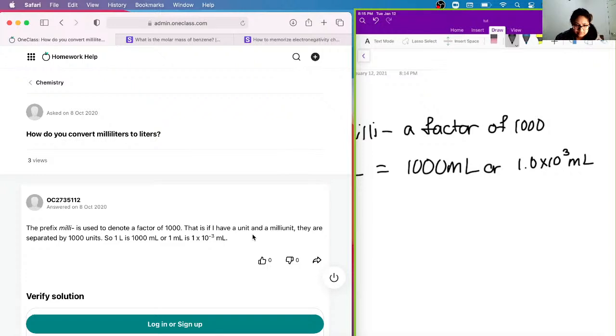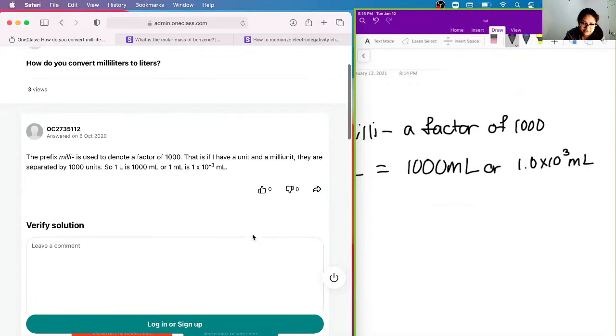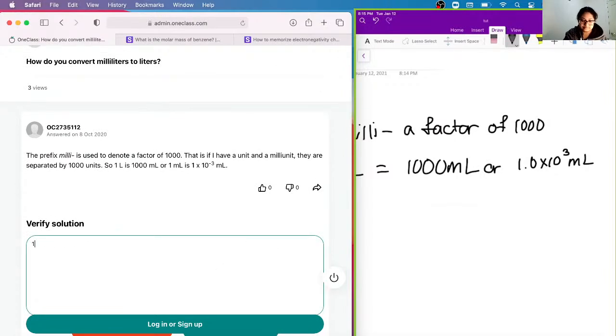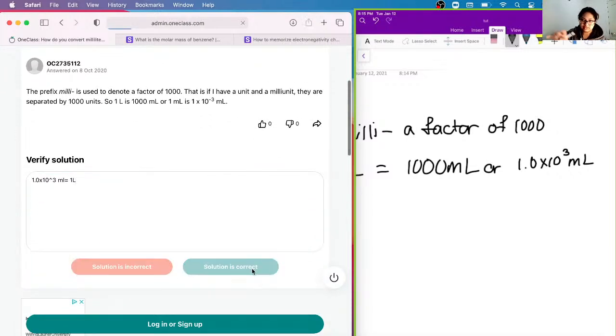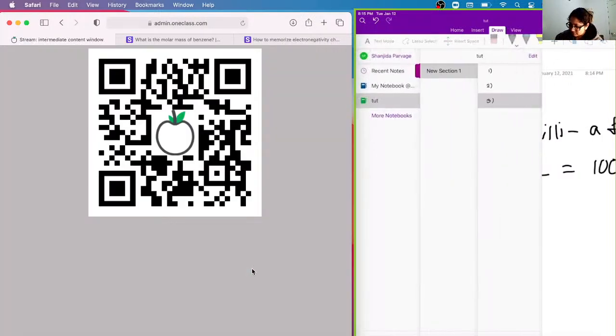That's supposed to be 10 to the power 3 milliliters, 1 liter. Oh, the solution.